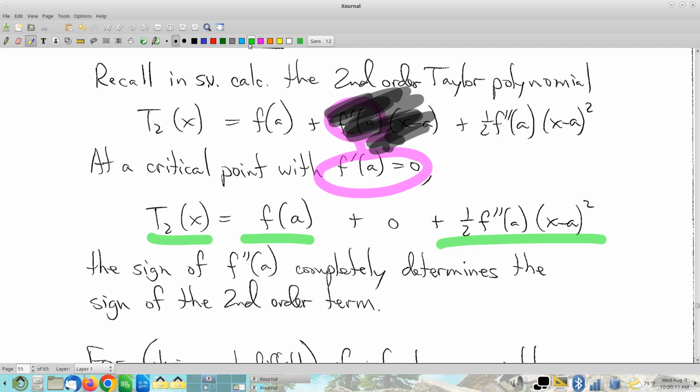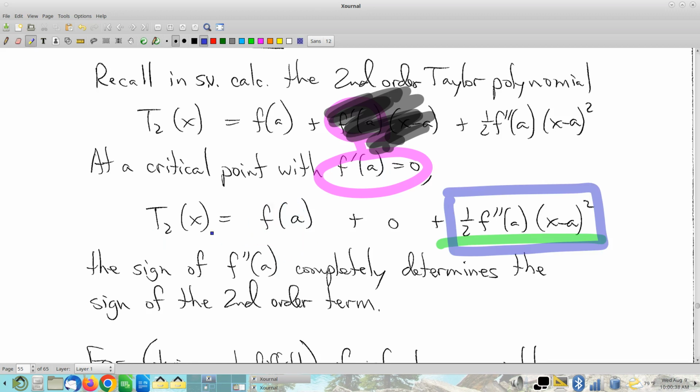Well, good news. This right here is a constant. So how this function is behaving, whether it's sort of curving upward or curving downward, or whether it's behaving like a local min like this or behaving like a local max like that, it's entirely determined by what's happening in this term right here. So this is really all we have to look at, is this one term. And okay, well, gosh, that's nice, because this term's really easy to understand.